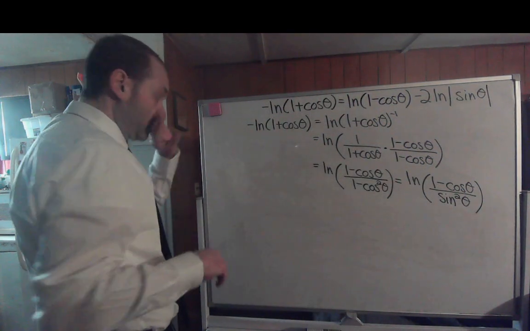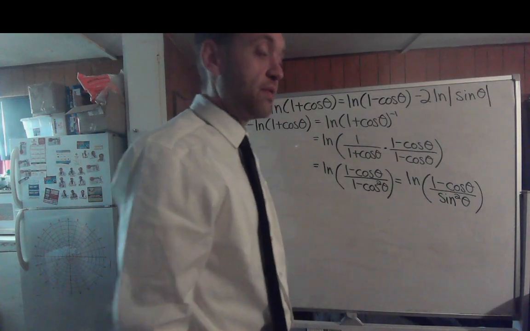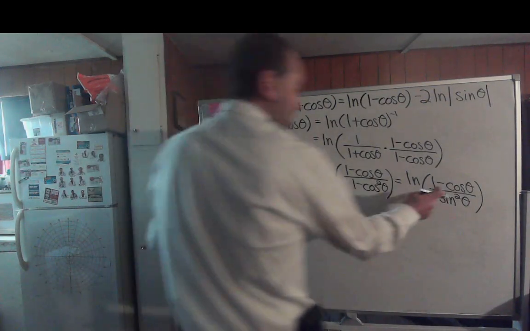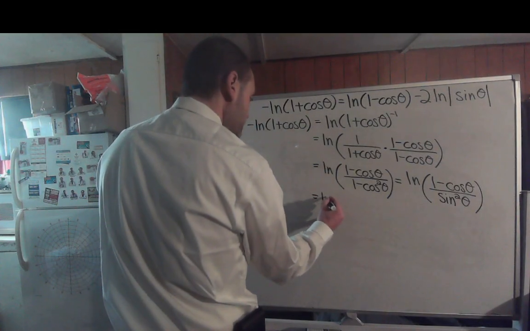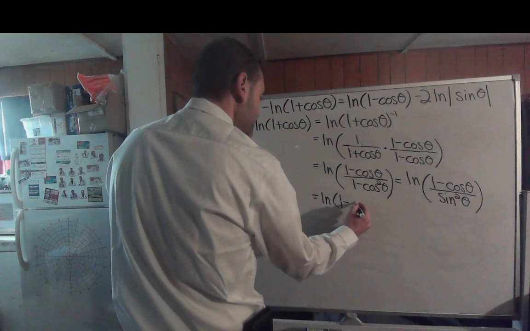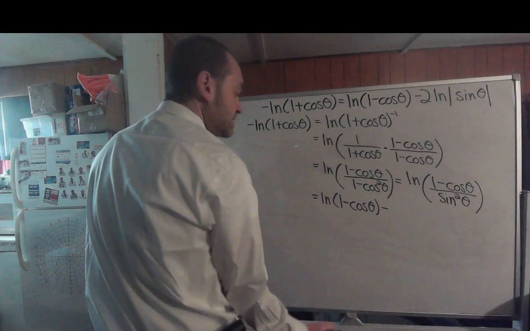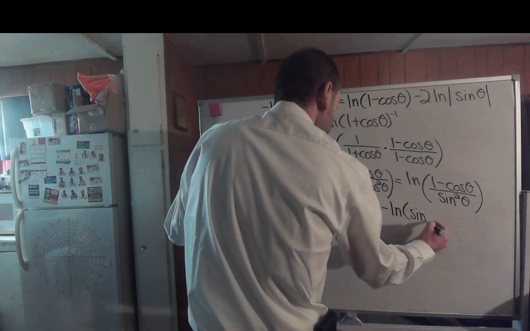Okay, well, if you have a quotient inside of a log, that's the same as the difference of the two logs: the log of the numerator minus the log of the denominator. So this is going to turn into the natural log of 1 minus the cosine of theta minus the natural log of the sine squared of theta.